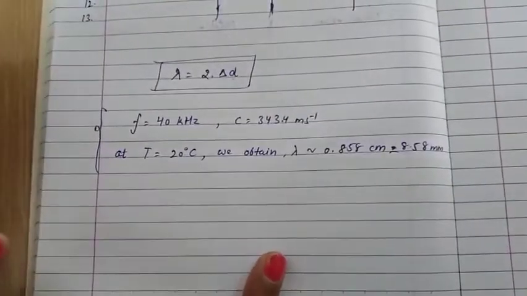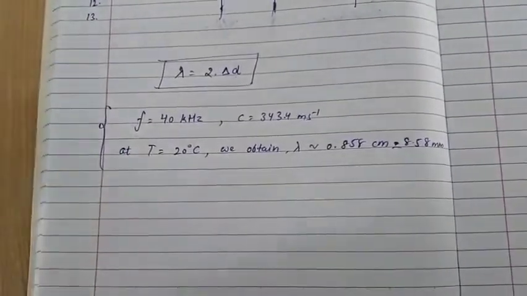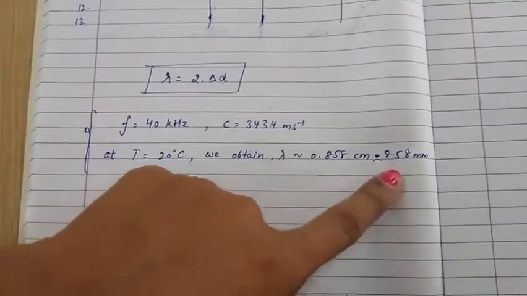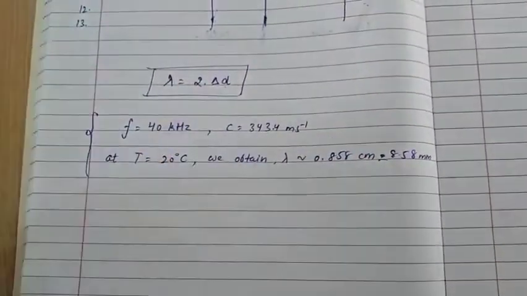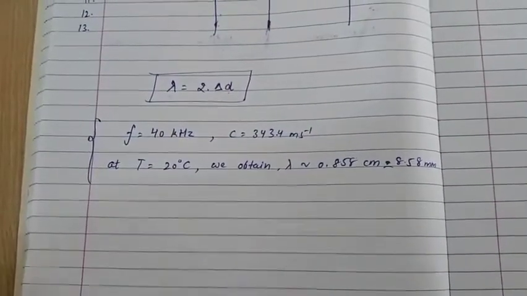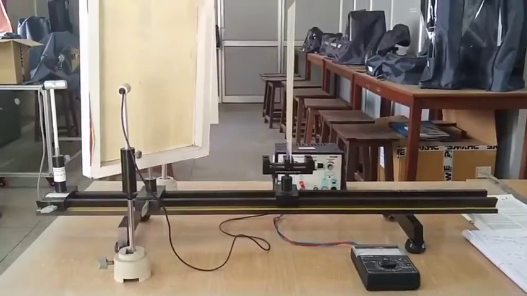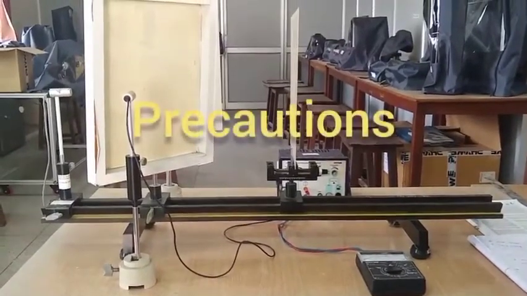So at 20 degrees Celsius the value of delta d should be half of this lambda, so it should be around 4.2 mm for our case as well, but of course some degree of difference can be caused. Now we will discuss the precautions of this experiment.